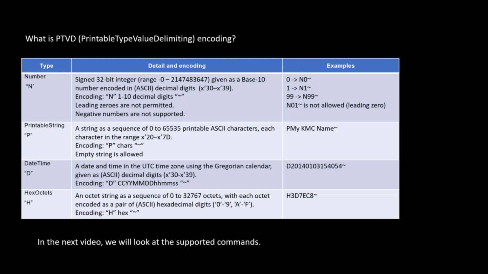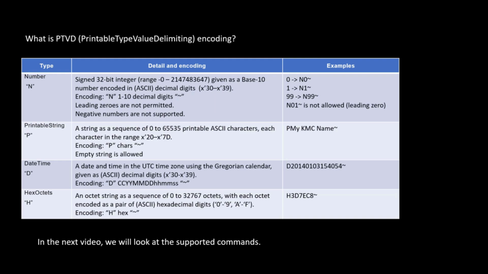The P is a string as a sequence of 0 to 65535 printable ASCII characters. So on the right you can see, for example, P, and then my KMC name is a valid printable string. The date time starts with a D, and that's in UTC time zone format using the Gregorian calendar, and is encoded as century, year, month, day, hour, minute, second.